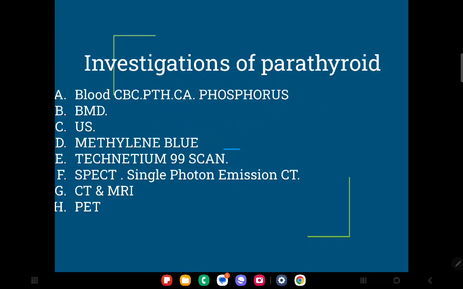What are the investigations to be done in parathyroid diseases? The blood, as baseline, you have to do the CBC, the complete blood count, and the parathyroid hormone level, which we said is usually from 10 to 55 nanogram per mL. Calcium level is important, and usually the level of calcium is 8.5 to 10.5.